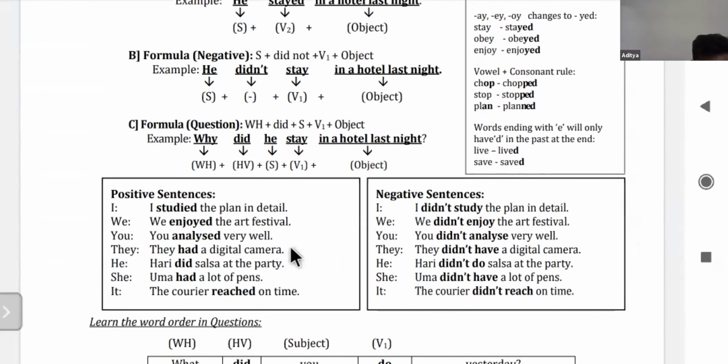They had a digital camera. They didn't have a digital camera. Hari did salsa at the party. Hari didn't do salsa at the party. Uma had a lot of pens. Uma didn't have a lot of pens. The courier reached on time. The courier didn't reach on time.